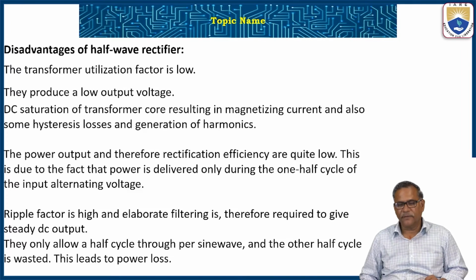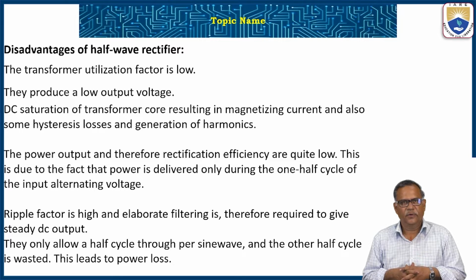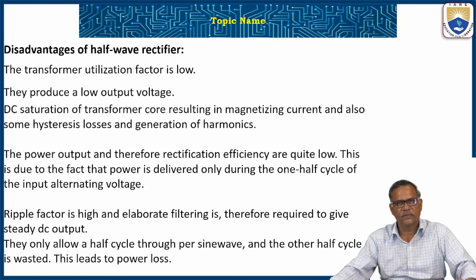But the half wave rectifier has some disadvantages. The transformer utilization factor is low and it produces a low output voltage. The DC saturation of the transformer core results in magnetizing current, some hysteresis losses and generation of harmonics.